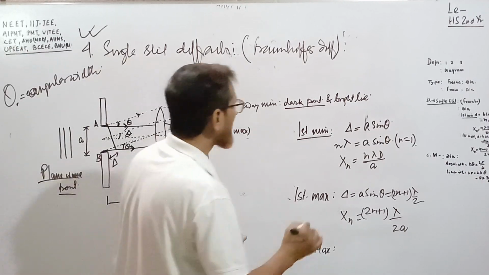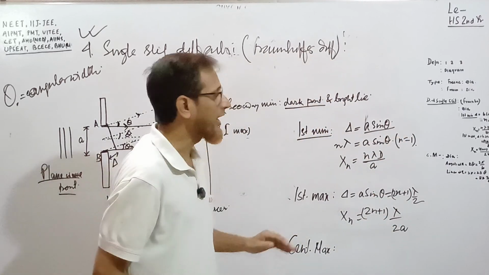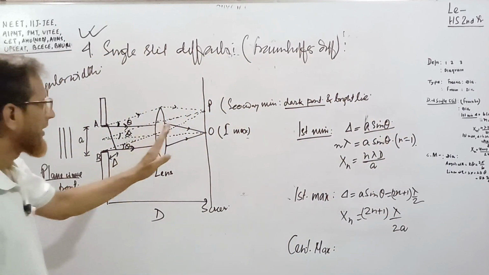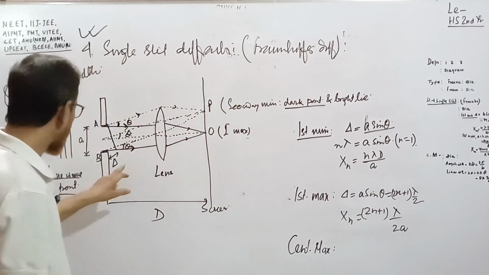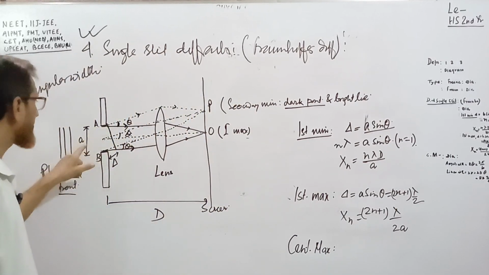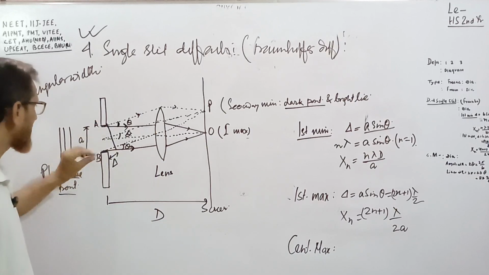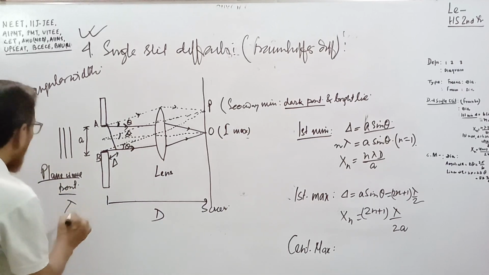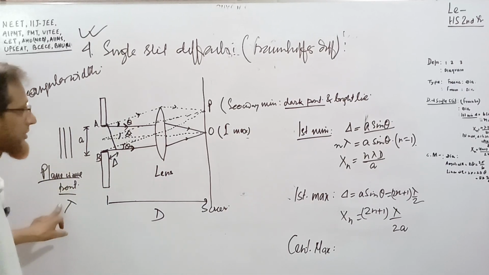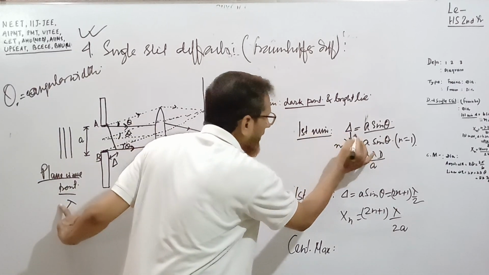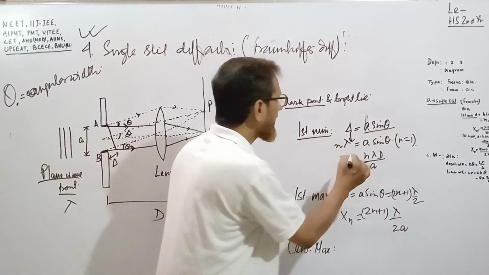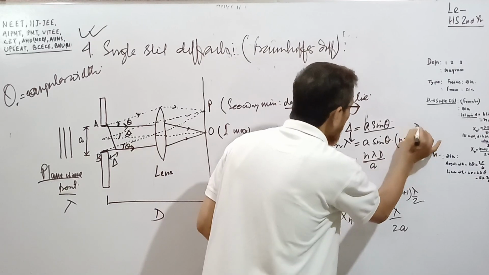For the first minima, we know, I have not derived it, path difference is a sine theta, and that path difference becomes equal to the width of the slit, and that is exactly equal to the lambda of the plane wave front, so lambda is equal to a sine theta, and this is very important.